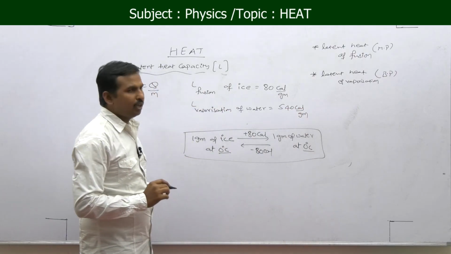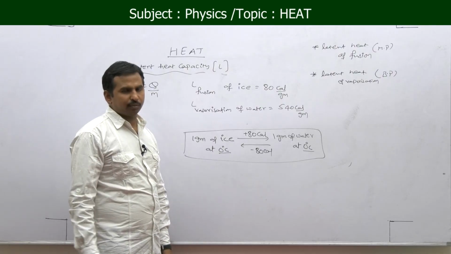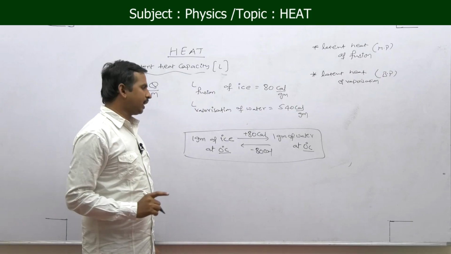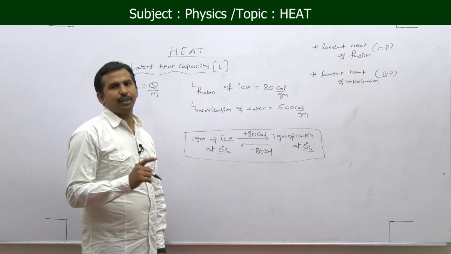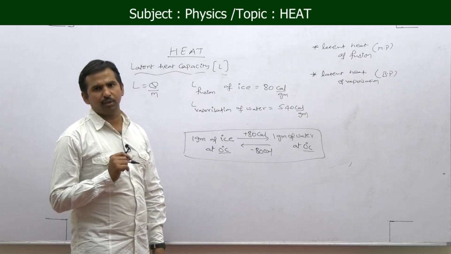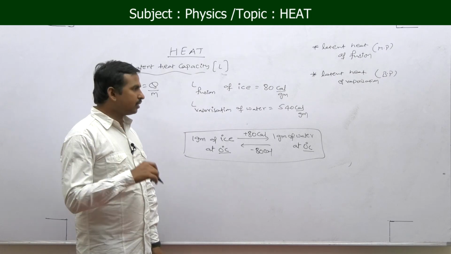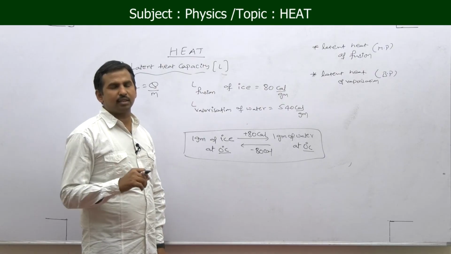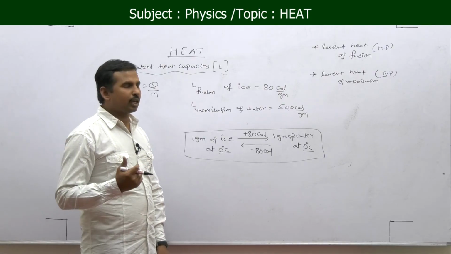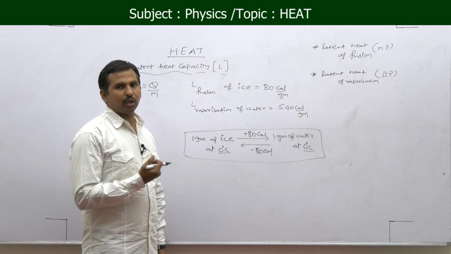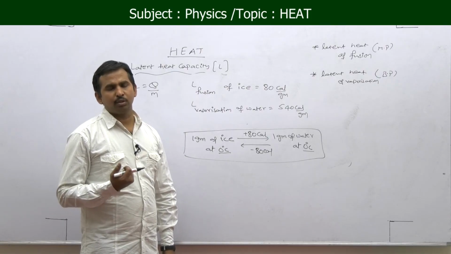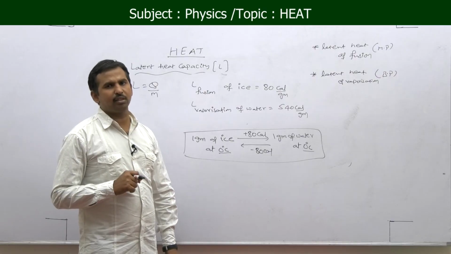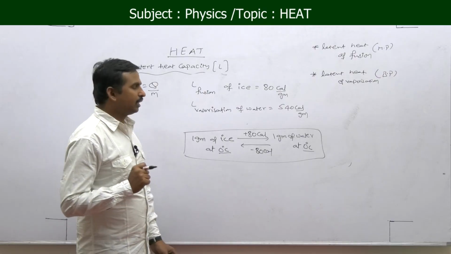Each gram of water at 100 degrees Celsius needs 540 calories to change its state from water to steam, the vapor state. In the same way, 1 gram of steam at 100 degrees Celsius gives out 540 calories to convert back into water, and that water is also at 100 degrees Celsius, because there is no change of temperature.